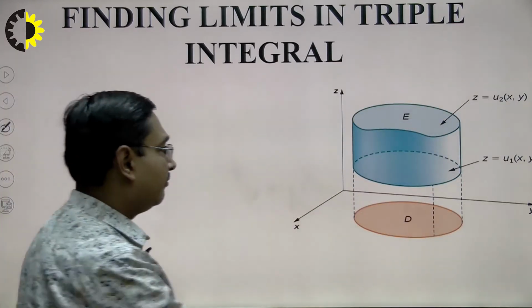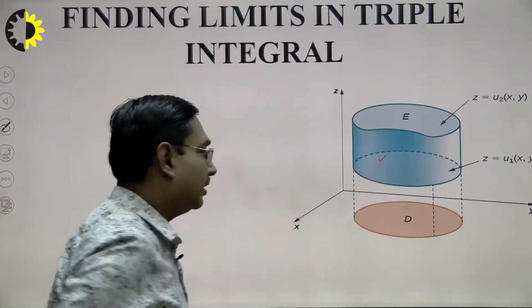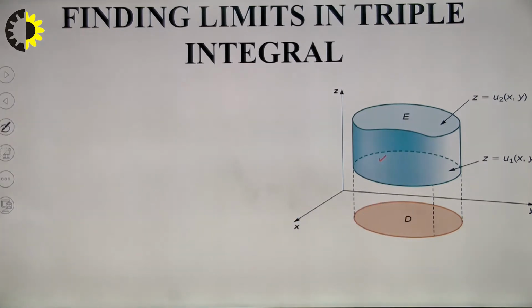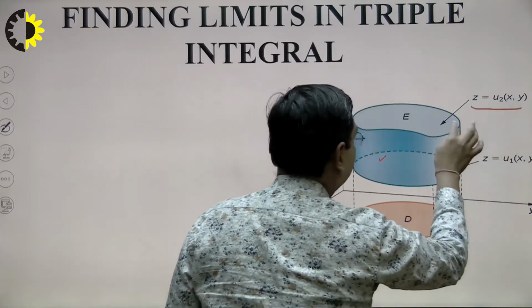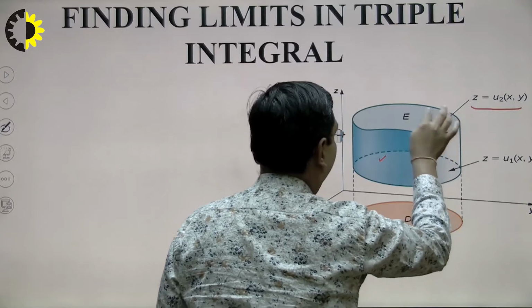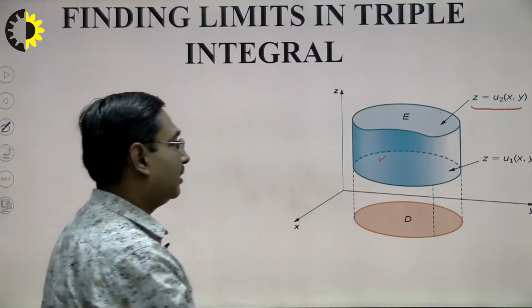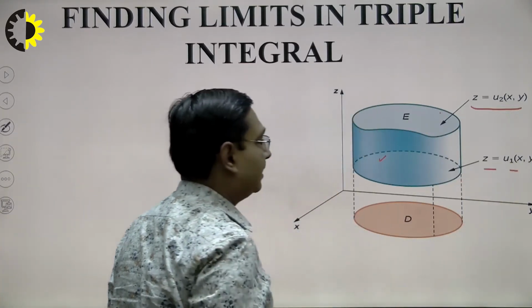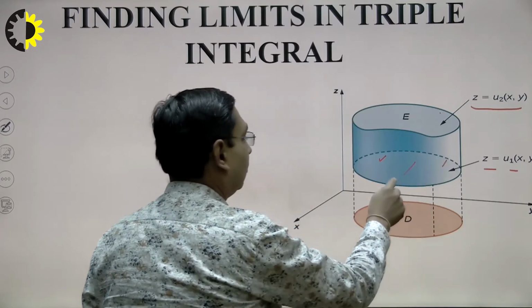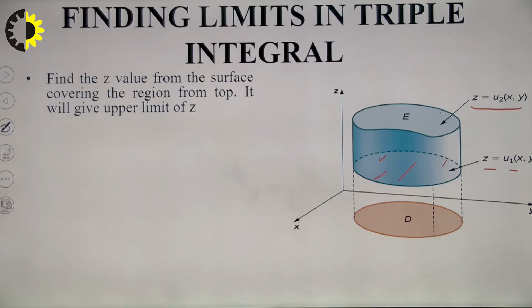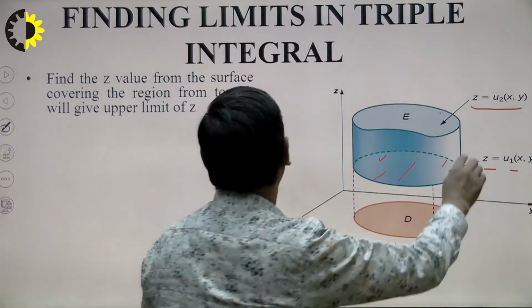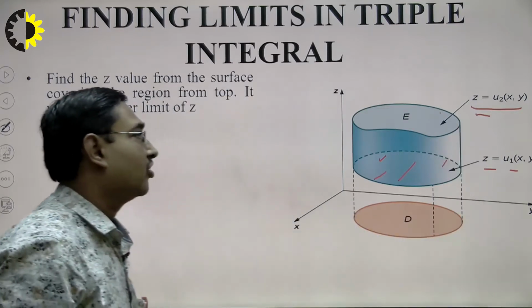Suppose we have this region E in space for which the limits are to be calculated. It is bounded by the surface z equal to u2(x,y) from the top and by the surface z equal to u1(x,y) from the bottom. To find limits, first find the z value from the surface covering the region from the top.